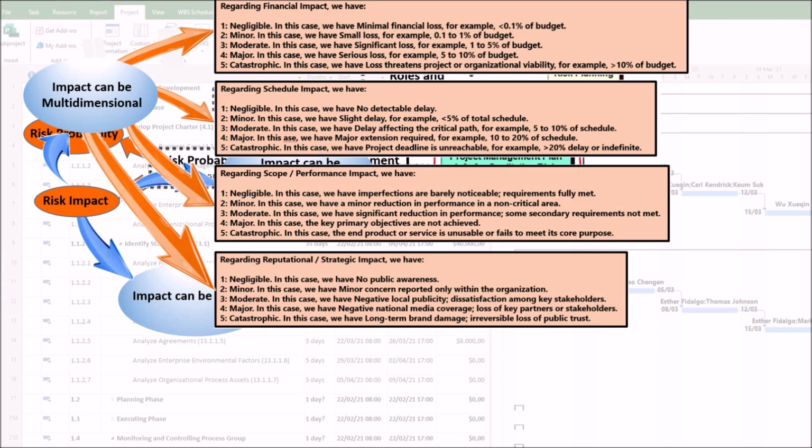In this case, we have negative local publicity, dissatisfaction among key stakeholders. Fourth, major. In this case, we have negative national media coverage, loss of key partners or stakeholders. Fifth, catastrophic. In this case, we have long-term brand damage, irreversible loss of public trust.